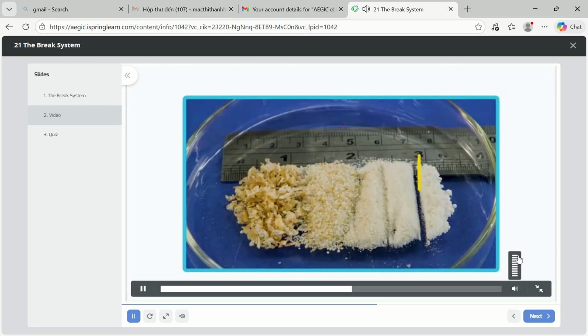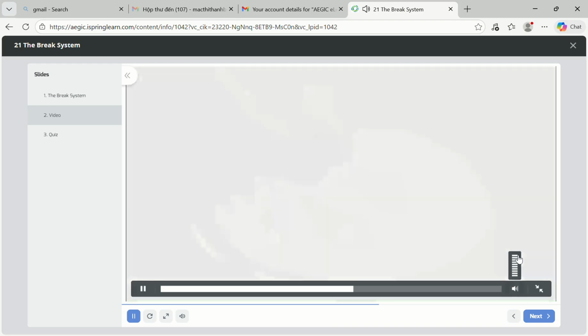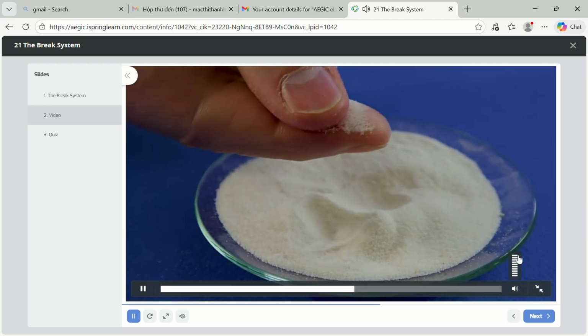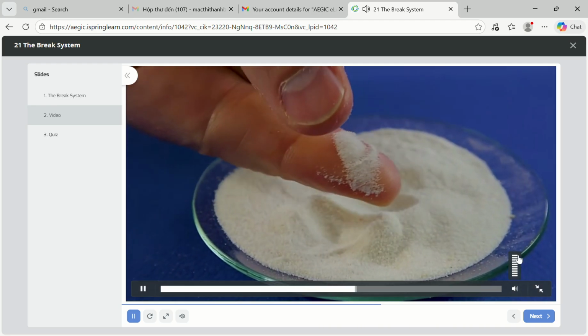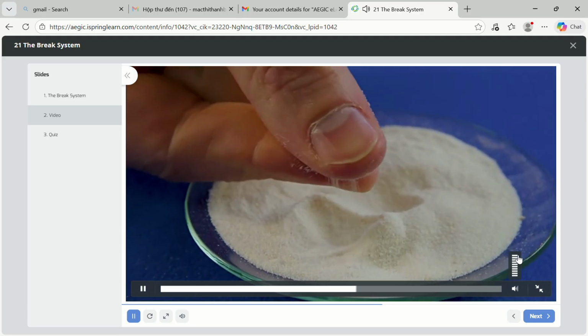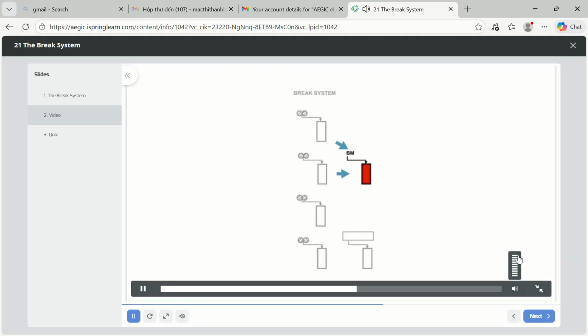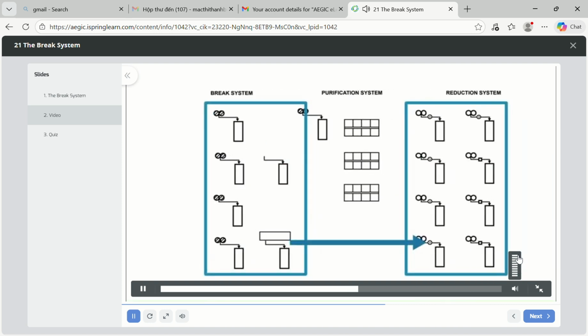The next size up from flour is known as dunst. Dunst is too large for flour, but too small for purification. This is sent to dedicated sifter sections for further sieving, or to the reduction system.